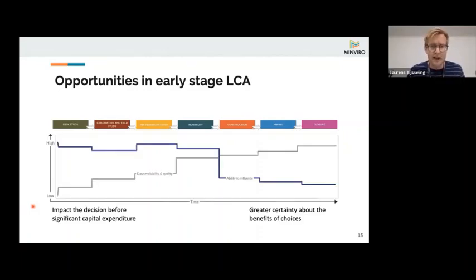It's quite commonly known that the earlier you are in the process, the more possibilities you have to change things in your process. The moment you go to your construction and mining phase, the ability to influence becomes less and less. We strongly believe in integrating life cycle assessments already in the field studies and pre-feasibility phases, just to make sure that you can make data-informed choices about your sustainable practices.